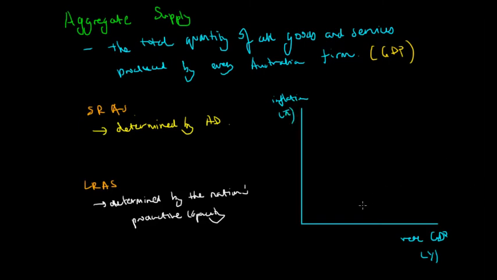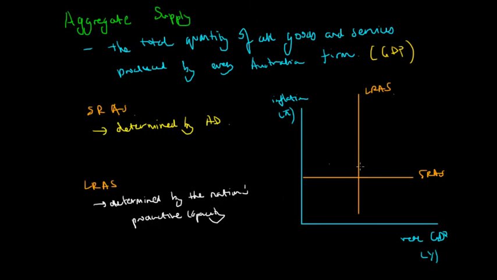We can break it down into a simpler form, separating aggregate supply into the short run aggregate supply curve and the long run aggregate supply curve.